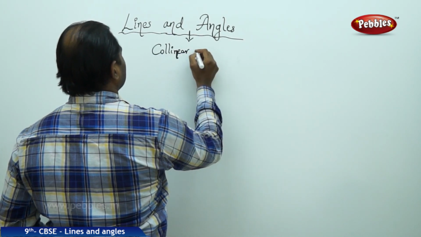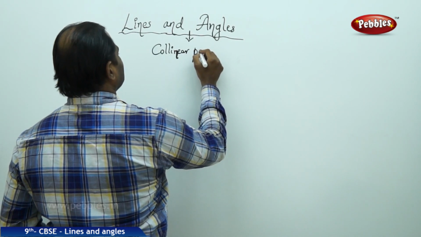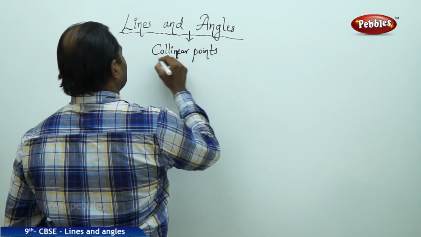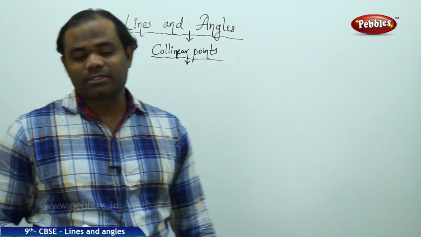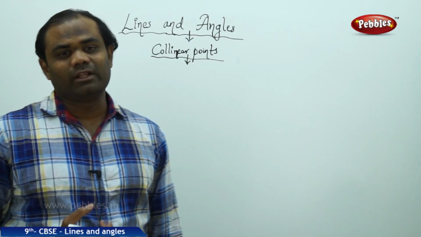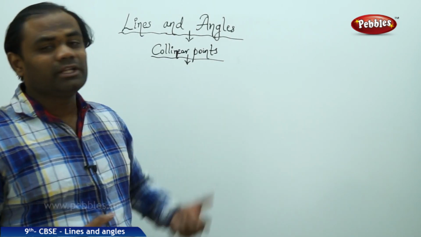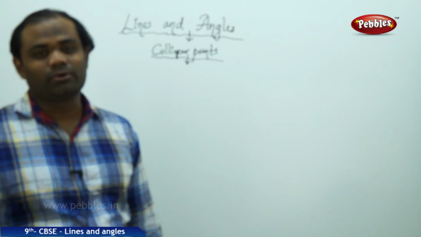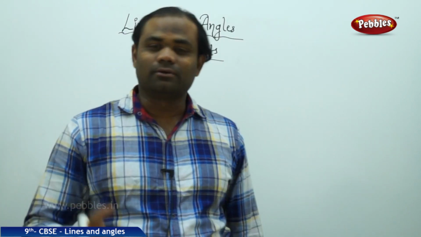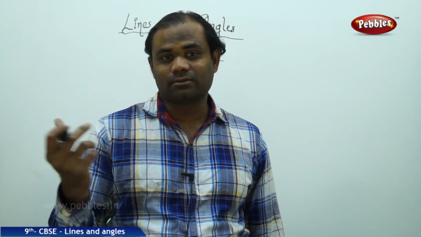Collinear points. When do we say collinear? When they are linear to each other. So when are the points linear? If all the points lie on the line, they are collinear. If all the points do not lie on the line, they are not collinear.